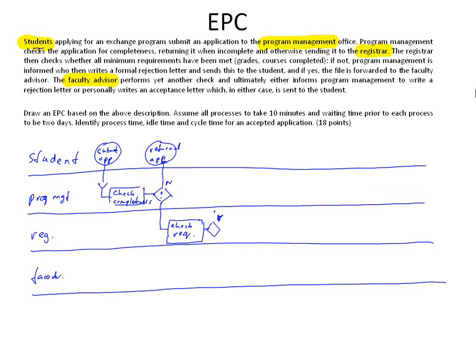It's probably smarter to put no here at the top, because then the decision goes back and a rejection letter is written. Program management is informed, who then writes a formal rejection letter and sends this to the student.